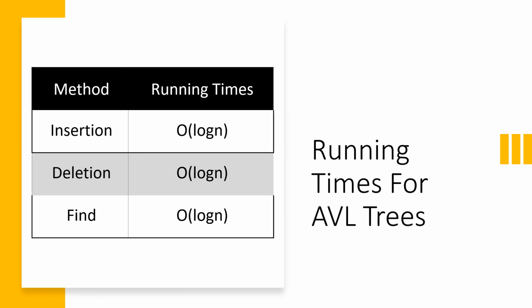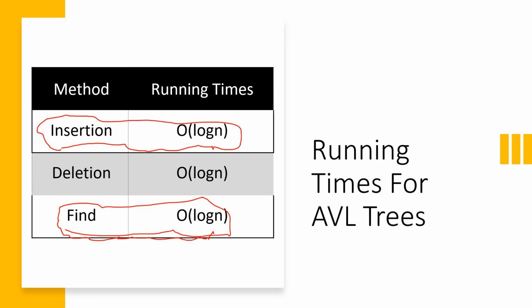Okay, so let's talk about the running times for AVL trees. First, we'll talk about the find. The find is O(log n) because the height of the AVL tree is log n. For insertion, we first have to find where we need to insert it, and that will take log n operations. The restructuring, the rebalancing of the tree, will take log n operations.